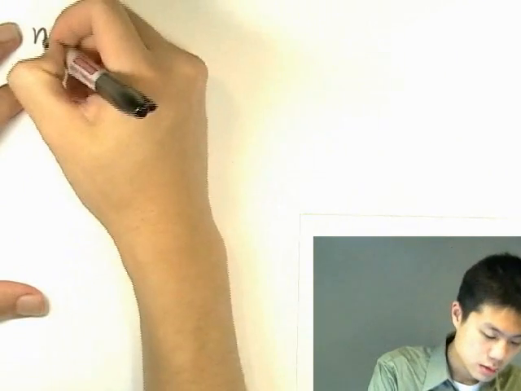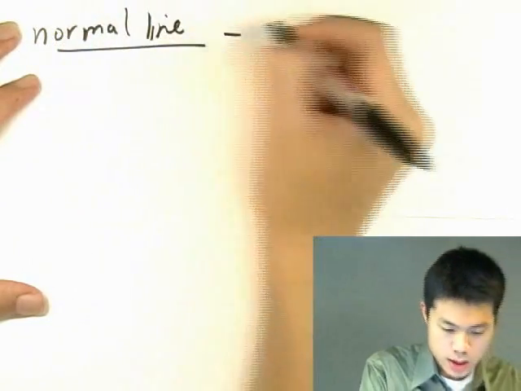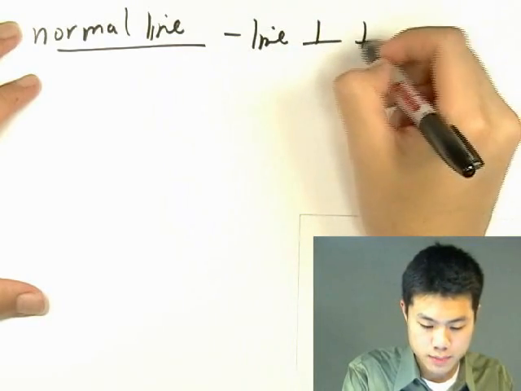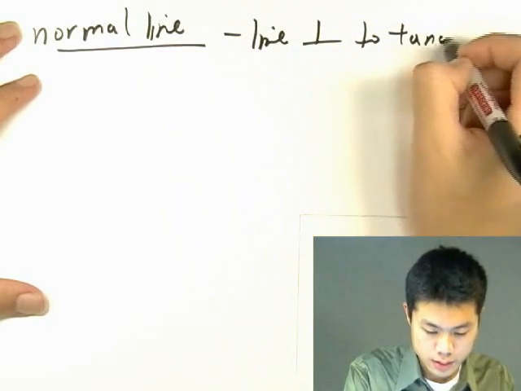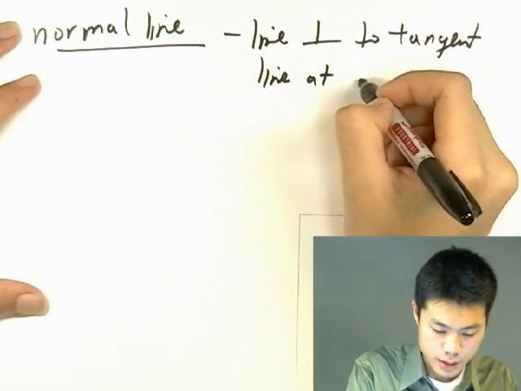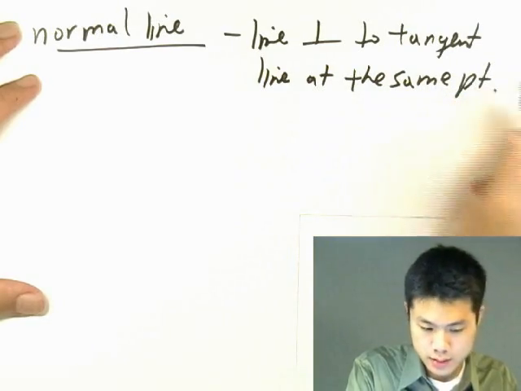Now there's something called the normal line. A normal line is a line that's perpendicular to the tangent line at the same point at which we found the tangent line.